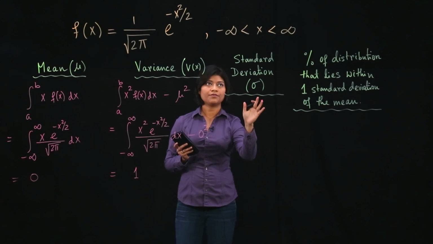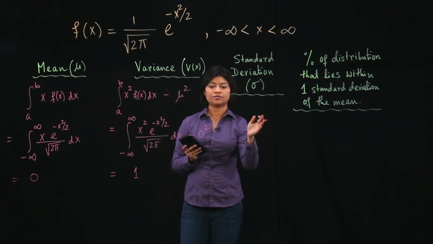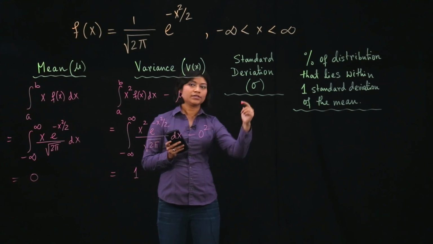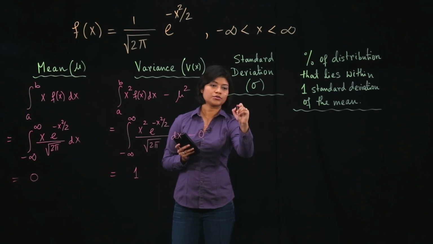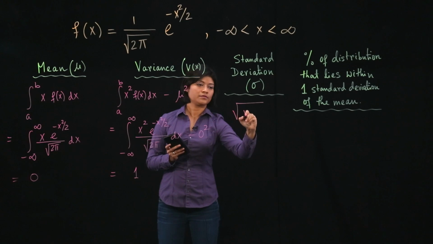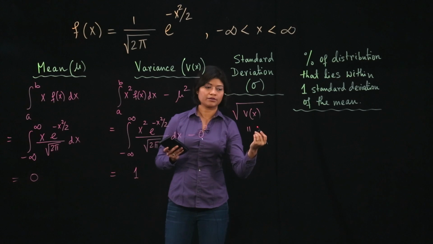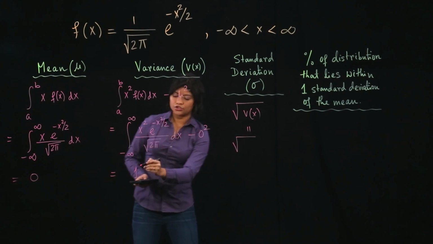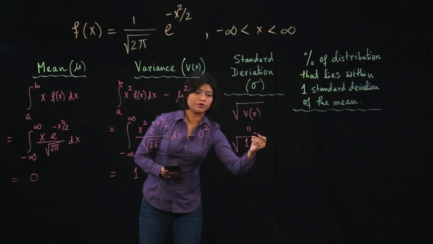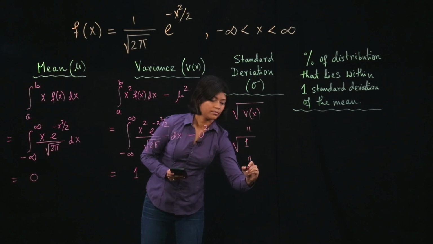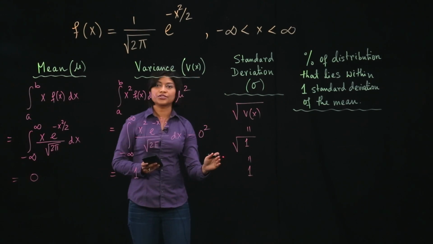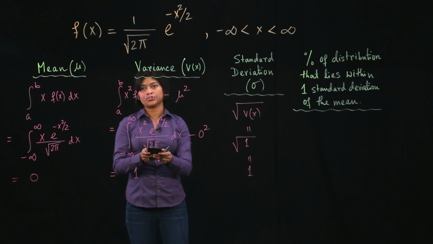Okay, finally, we have to figure out the standard deviation. What is standard deviation? This is just square root of the variance. So that's pretty easy. You do not have to use a calculator because the variance is just 1 and square root of 1 is 1. So standard deviation is also 1 for this function.